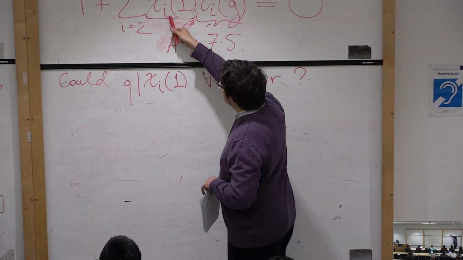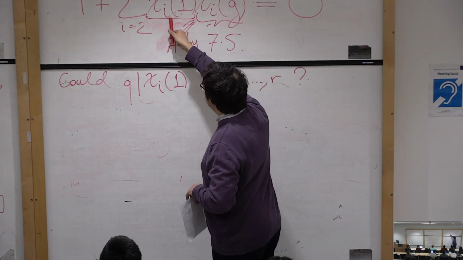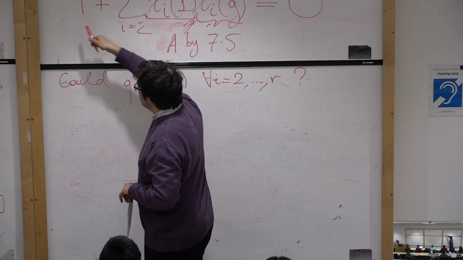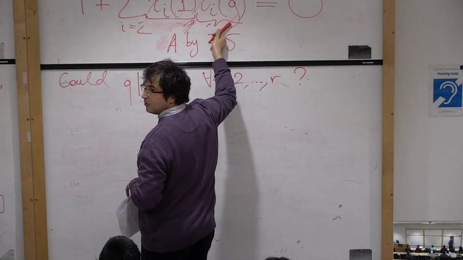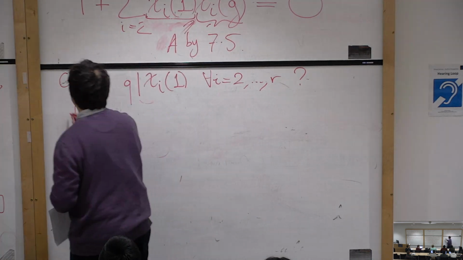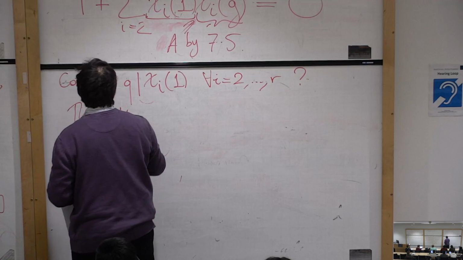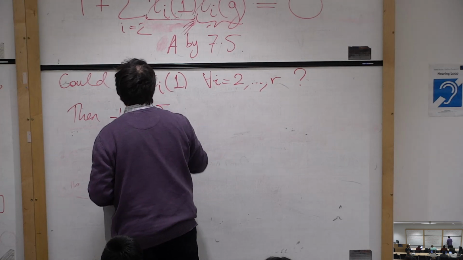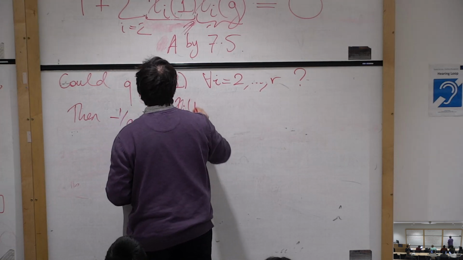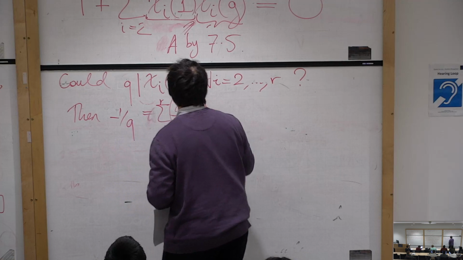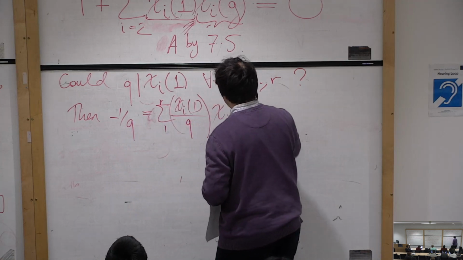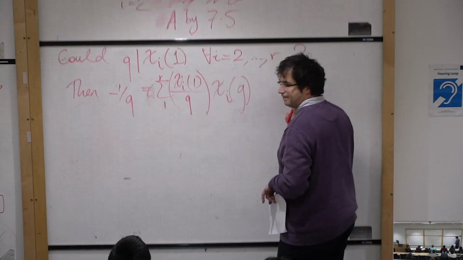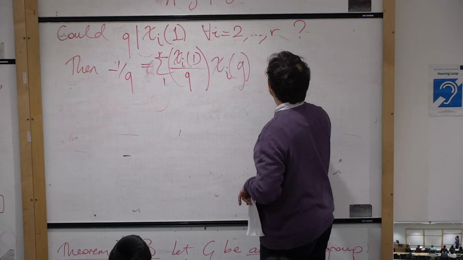If these numbers are all multiples of Q, then I can take the one to the other side, divide by Q, and I get that this fraction is an algebraic integer. Yeah?